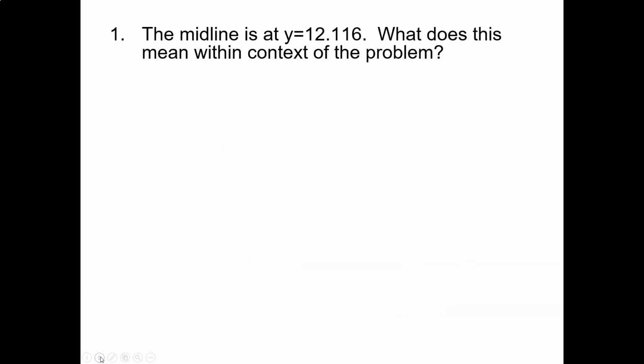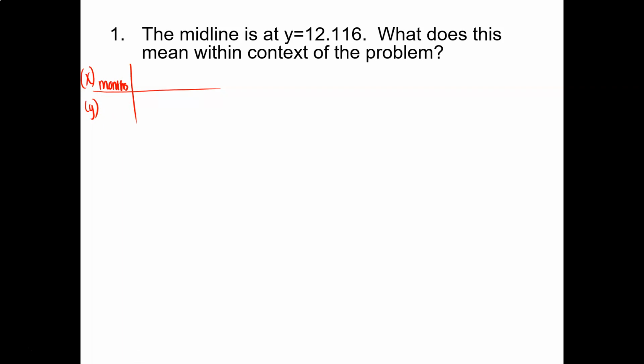So, the midline is at y equals 12.116. What does this mean within context of the problem? Okay, so one thing I like to think about here, on that table, here I had months. That was my X right there. And then my Y was daylight, right?